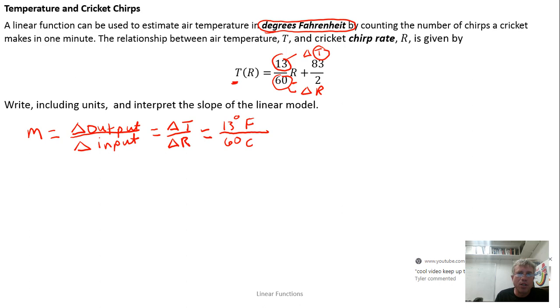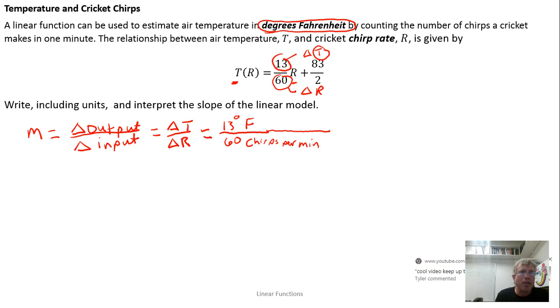So this is 60 chirps per minute. So there's the slope of the line, including units, 13 degrees Fahrenheit over 60 chirps per minute.